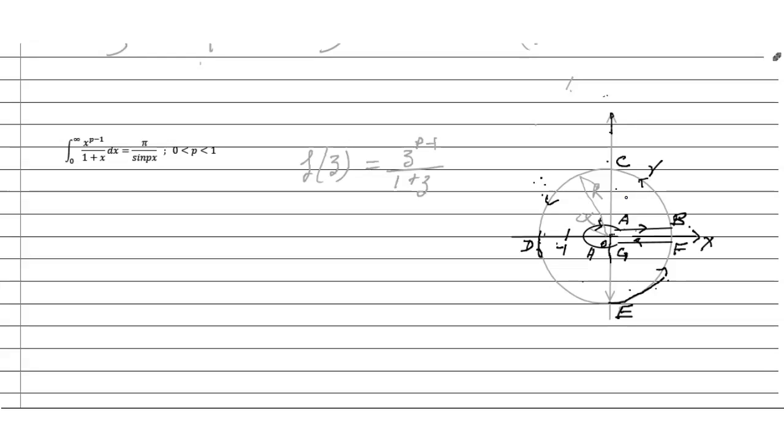There is a simple pole at z equals minus 1. So friends, you will see that's the simple pole z equals minus 1.